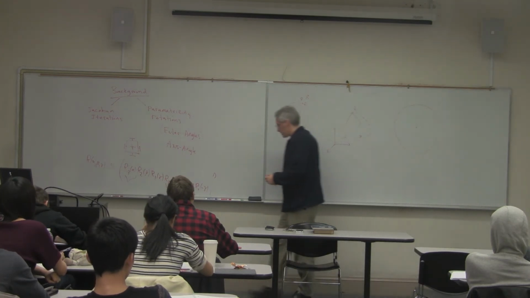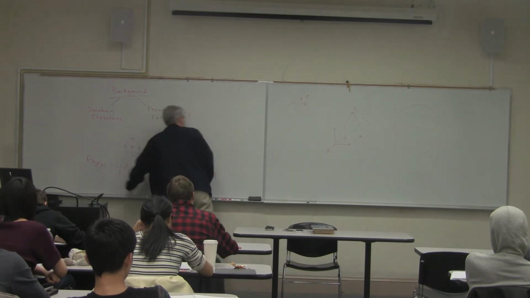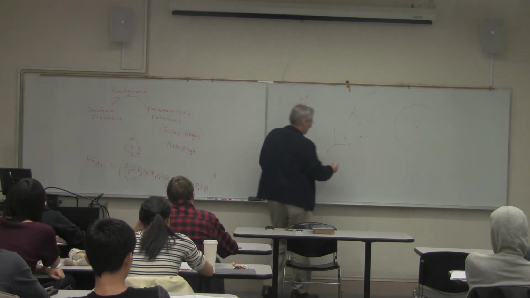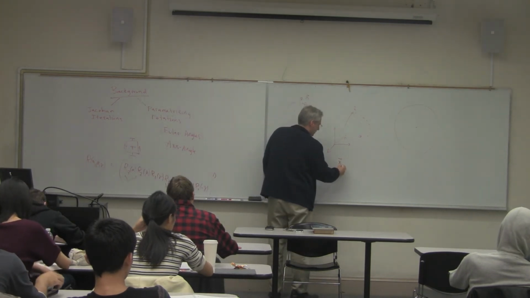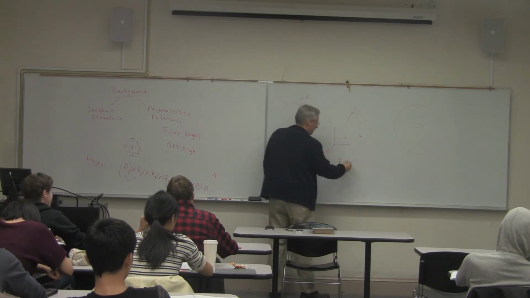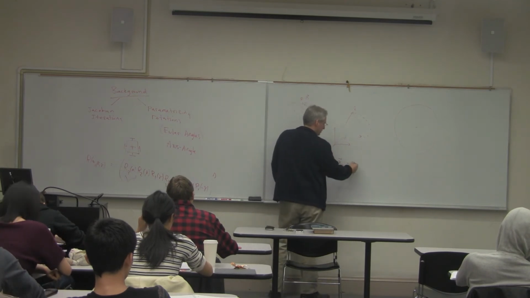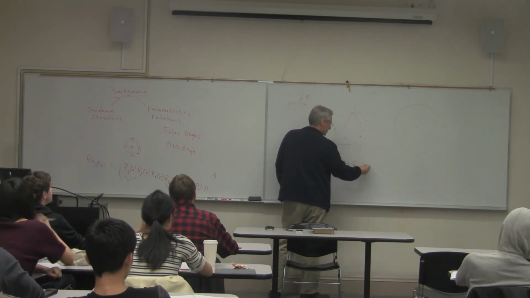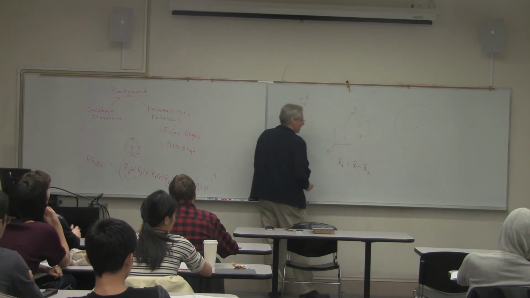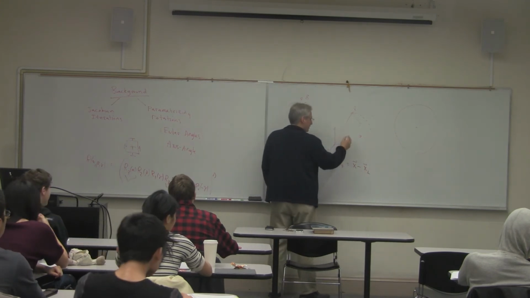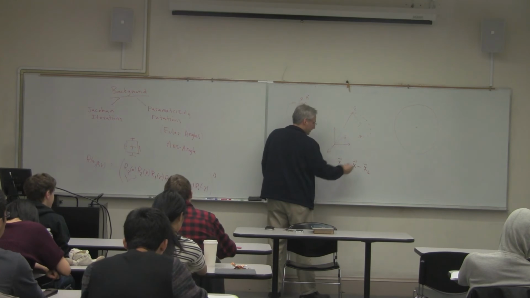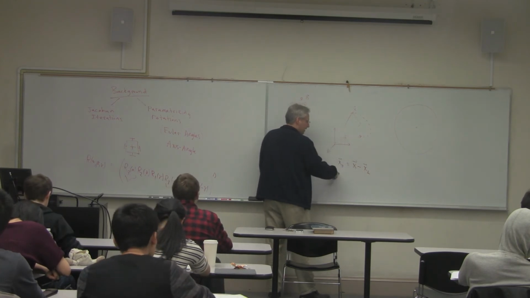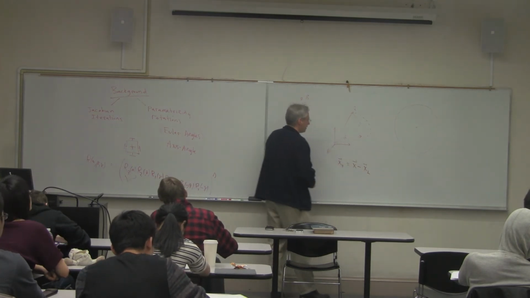Into a part which is parallel to n. So we can say x parallel to n is equal to x minus the part which is perpendicular to n. And so the part that's parallel, or vice versa, right? X perpendicular is equal to x minus x parallel.